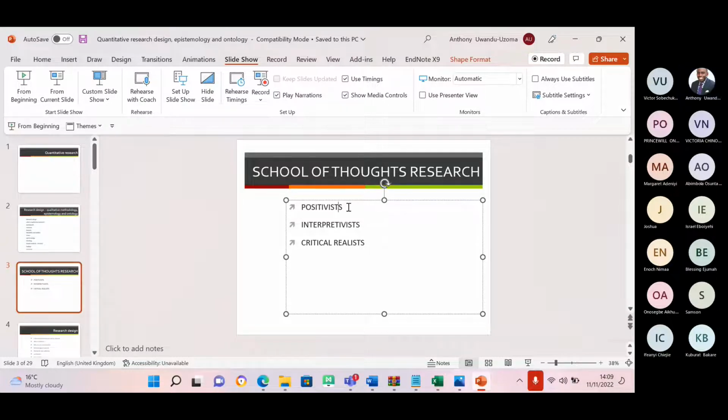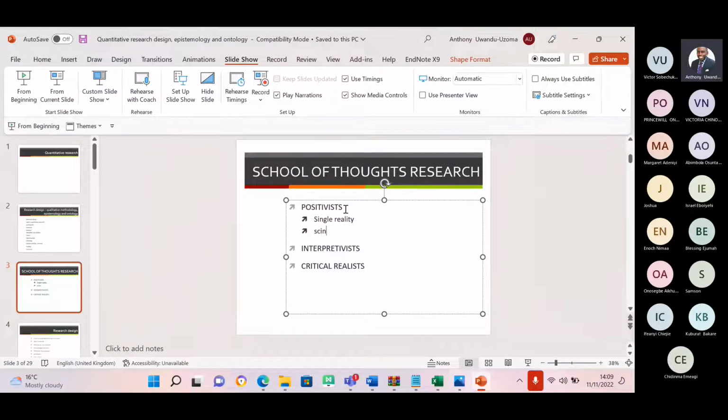So the positivists believe that reality is single, and they believe in using scientific methods. The majority of the projects that we do at undergraduate level are all from the positivist school. That's the school of thought that believes in quantitative research.